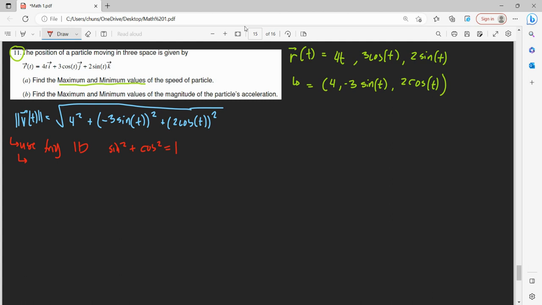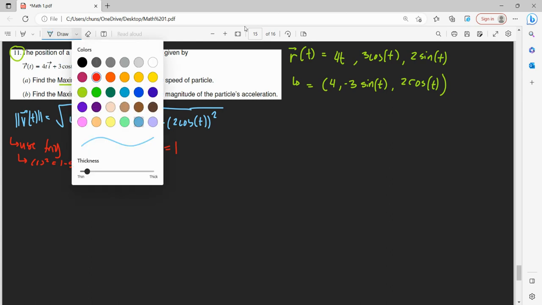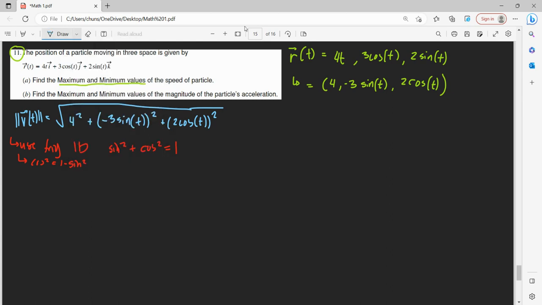I think I like sine better, so let's substitute cos squared with 1 minus sine squared. Let's simplify this down and then we can plug it in. So that's 16 plus 9 sine squared t plus 4 cos squared t.